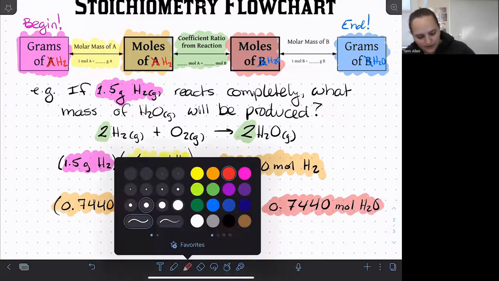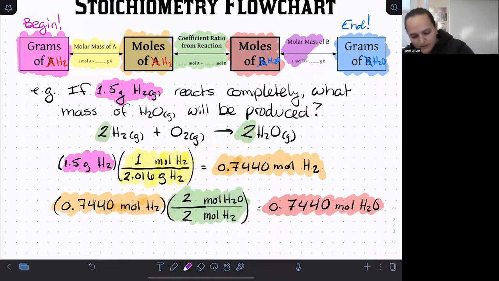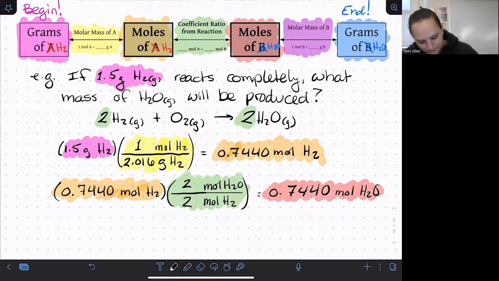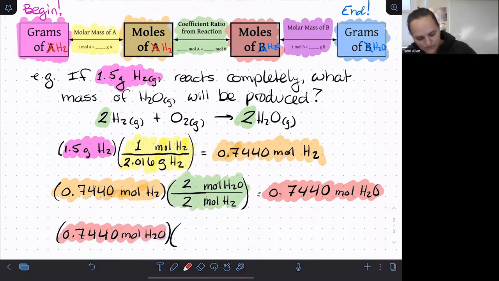And then last but not least, we need to use the molar mass of water, or other substance, to convert from moles of water to grams of water. So again, original unit was moles of water. That needs to go on the bottom so that that cancels out.